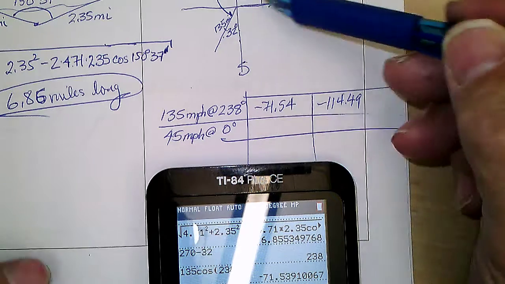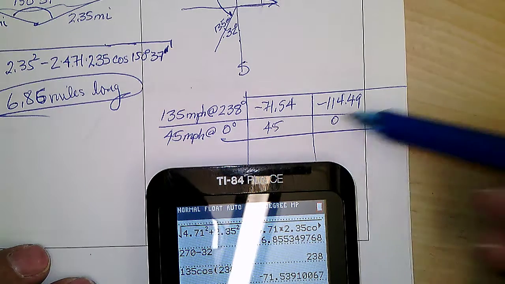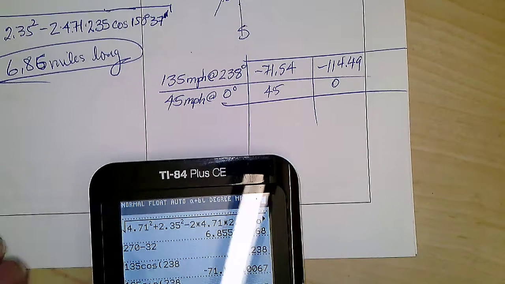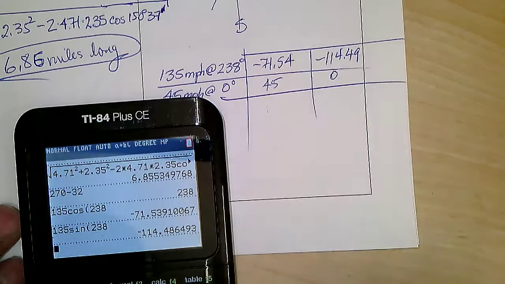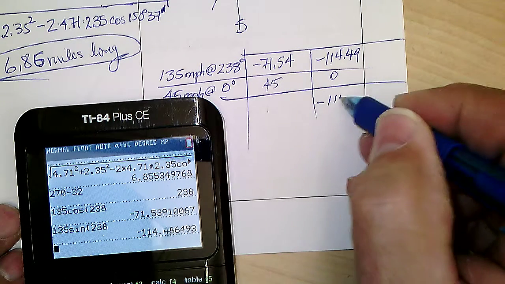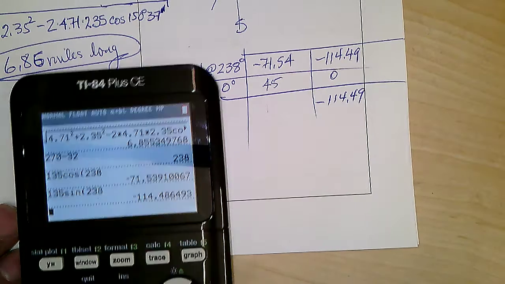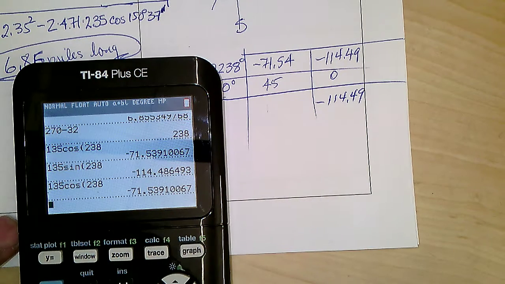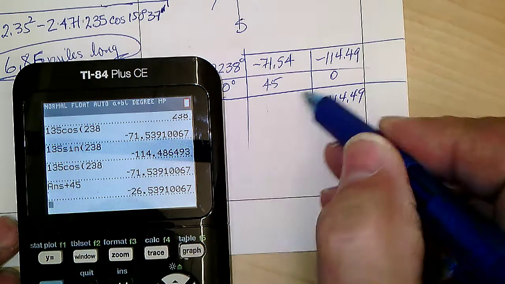And this 45 is all in the x direction and none in the y direction. You can do 45 cosine 0 and 45 sine 0, and you come up with those. Add these. So this will be negative 114.49 plus 45 to the first one, and it's negative 26.54.